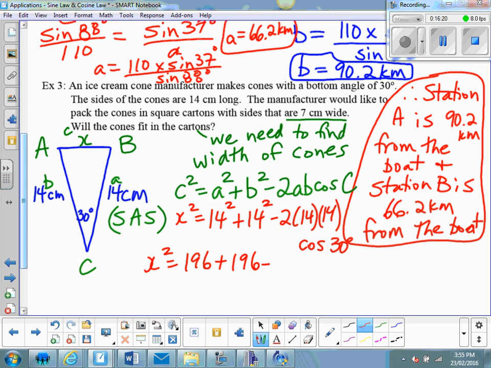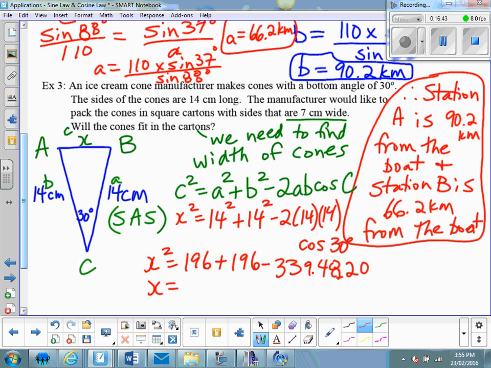And then when I multiply this back part together, so the 2 times 14 times 14 times cos 30, if I round to 4 decimal places here, I get 820.